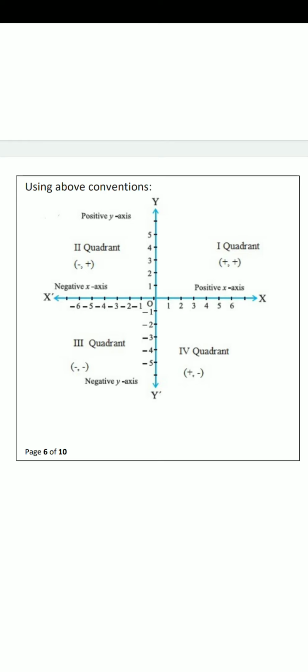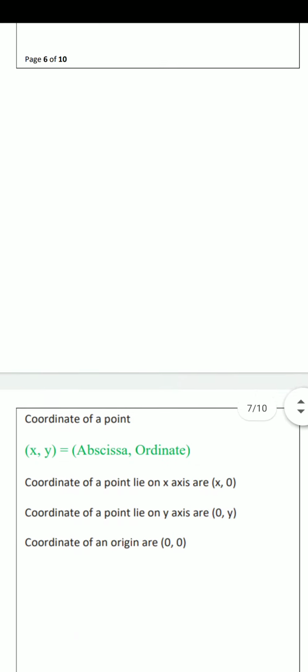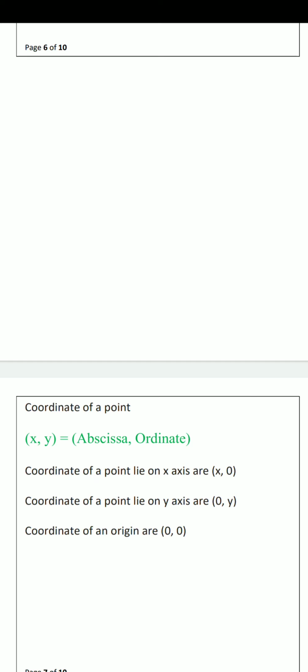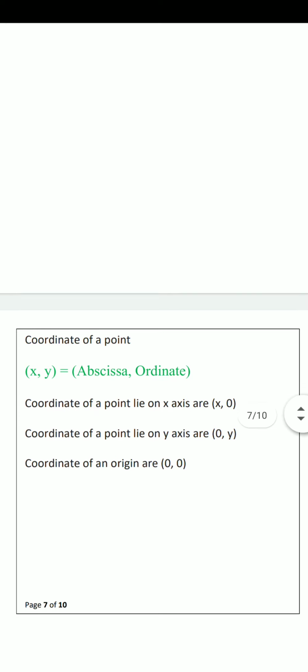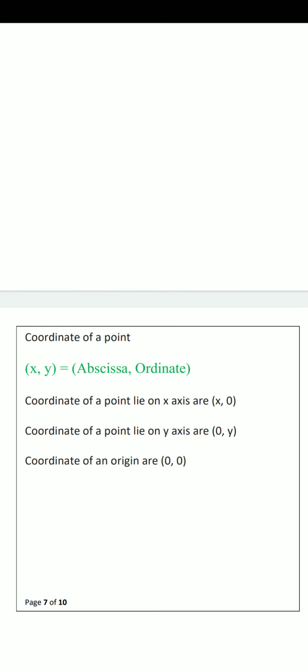So for all these points we have to write the coordinate of a point as (x, y). The first coordinate, the x coordinate, is called the abscissa, and the second coordinate is called the ordinate. Now the coordinates of a point lying on the x-axis are always (x, 0).